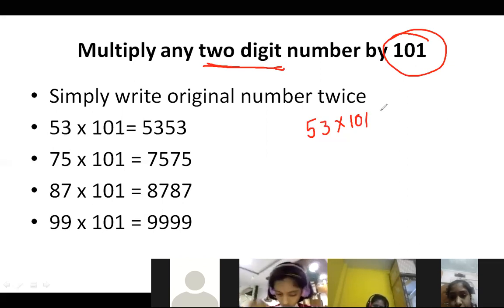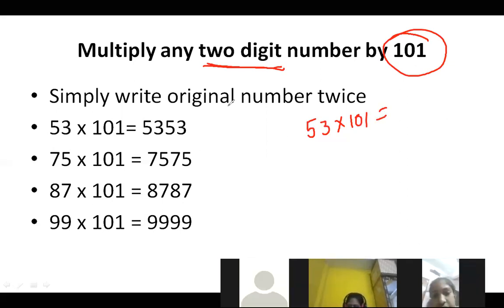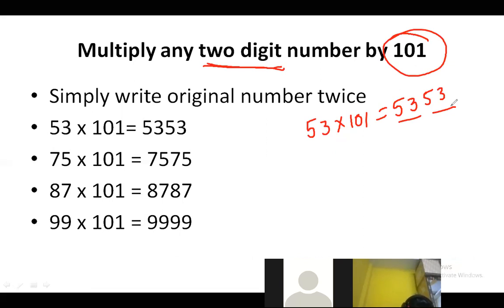Simply, what should you do? Simply write the original number twice. You have to write the same number twice. That's it. 53 into 101 means 53, 53. So multiplying with 101 is very easy.